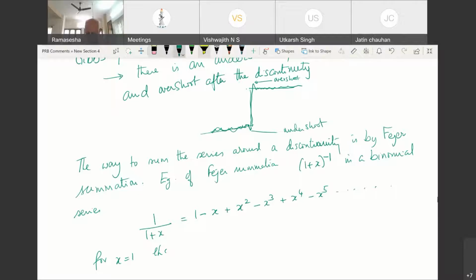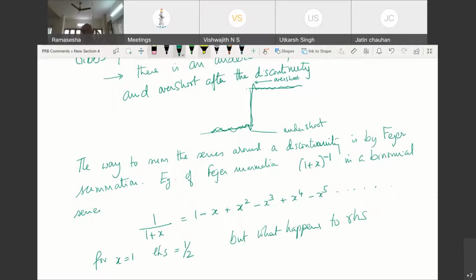But what about the right? Whether you stop after an even number of terms or an odd number of terms, what you are going to get is either 0 or 1. If you stop at an even number of terms, you get 0. If you stop at an odd number of terms, you get 1.